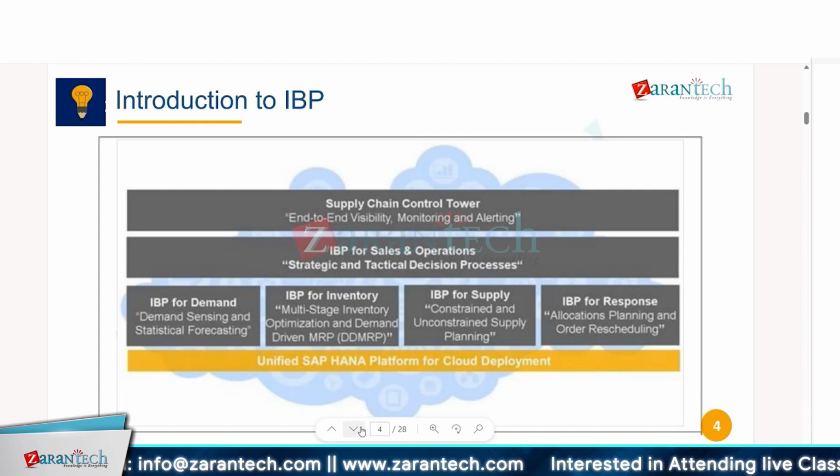So in demand management, we have the team who's responsible for forecasting. The demand planner or demand manager is the person who is accountable and responsible for tabulating the demand. He is not actually responsible for generating the demand. The demand generation is done by the commercial organization or the sales organization.